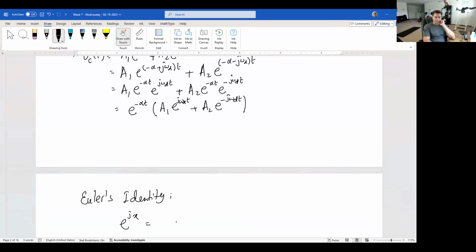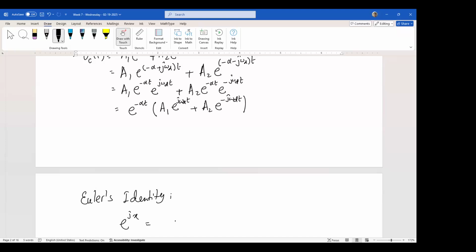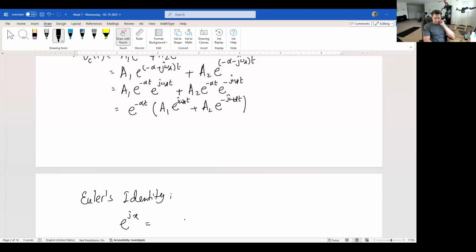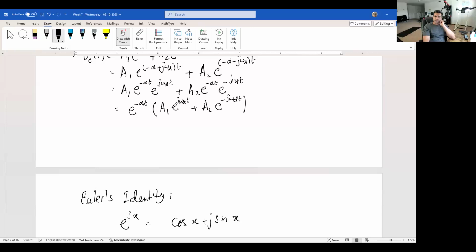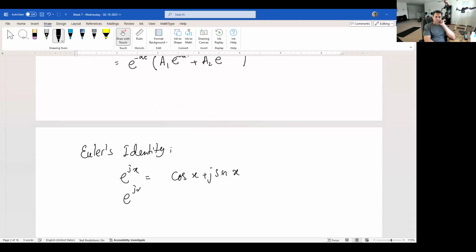What is e to the power jx when you expand that? It is cosine x plus j sine x. Very good. Cosine x plus j sine x. And likewise, e to the power negative jx is cosine x minus j sine x. So this is Euler's identity.